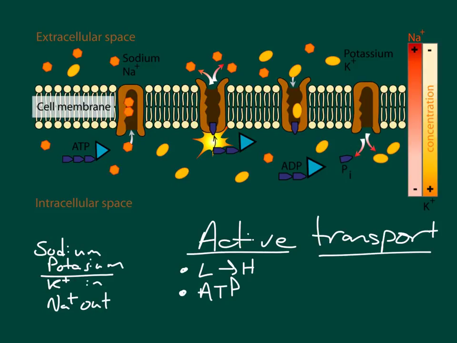But what's key here is that it works against the concentration gradient. So again, what does that mean? From low to high, not from high to low. So you need that energy, and you need that energy in the form of ATP.